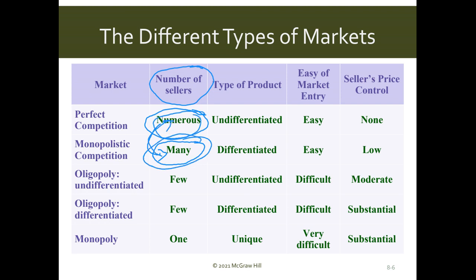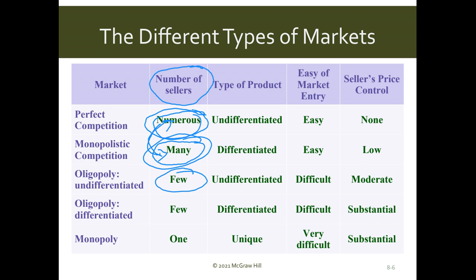In perfect competition and monopolistic competition, we have a large number of firms, numerous firms. Same in both markets. There's no distinction between numerous and many. In oligopoly market, we have few firms. In monopoly, we have only one firm. We have already discussed this.